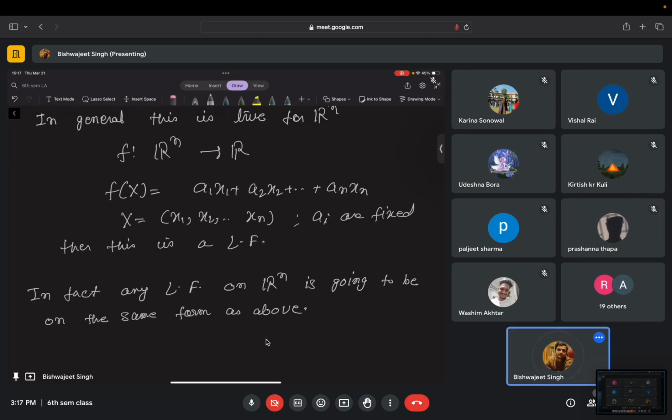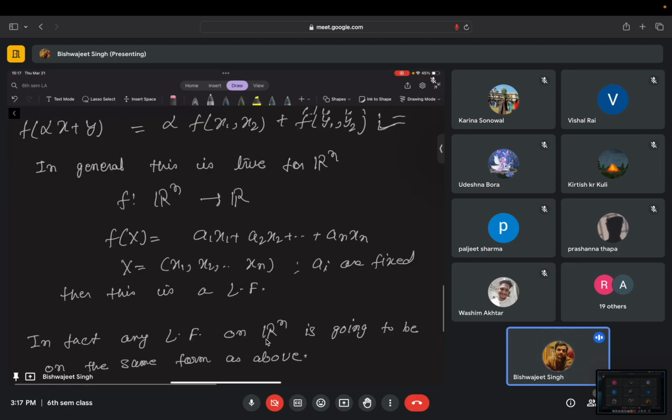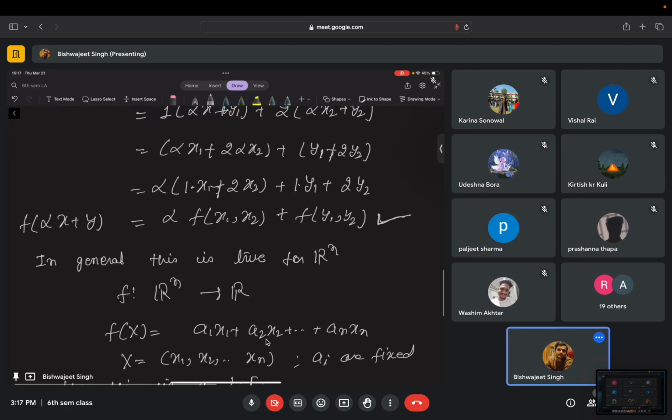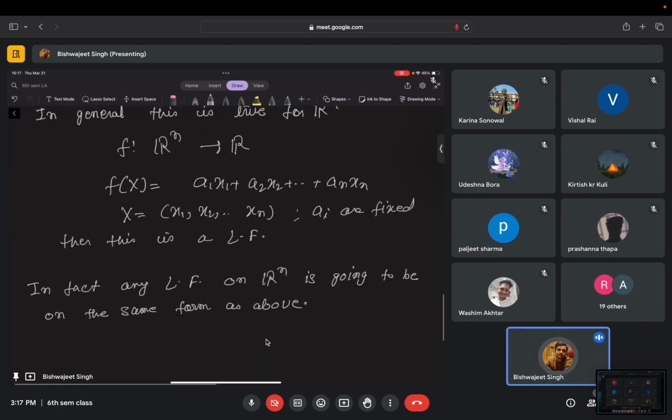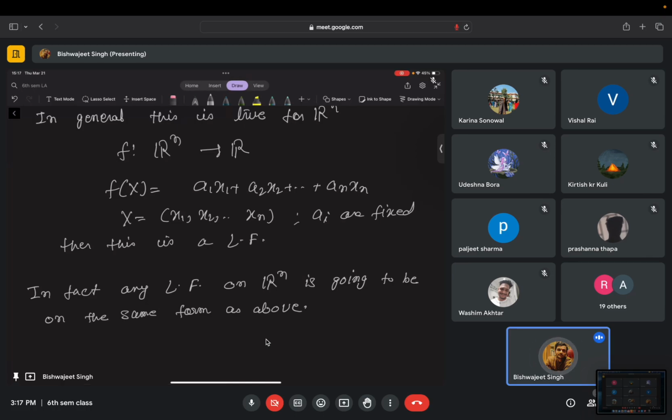It is nothing but a function from a vector space to its field. So in this example it is from Rn to R. Now obviously we know that there are infinitely many functions I can define from Rn to R satisfying this condition. If I just keep on changing the values of a1, a2, a3, up to an, then I can create an infinite number of linear functionals.